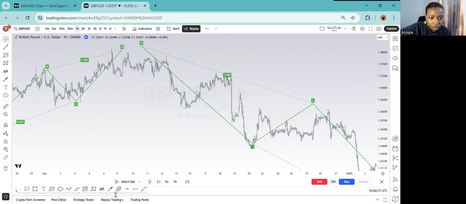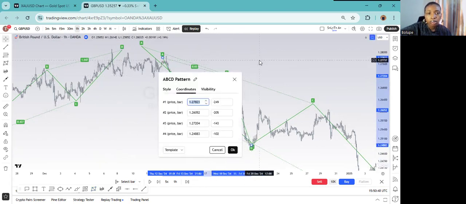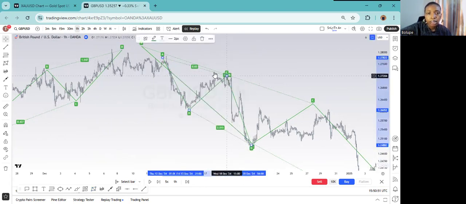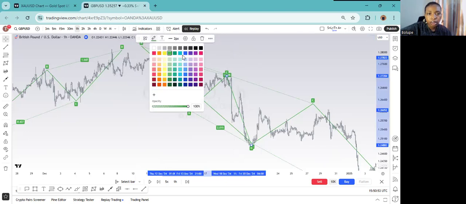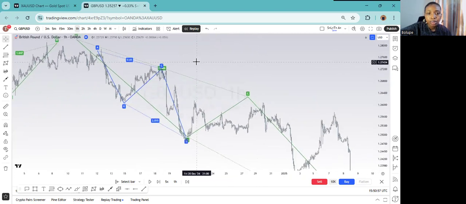So on 1 hour, we still see this, right? You can even still see that pattern inside. But let's just go with this. My 1 hour is usually blue.